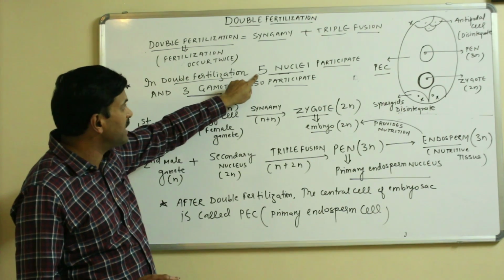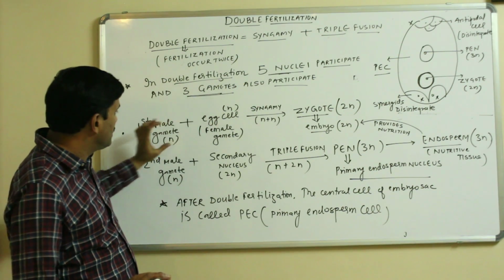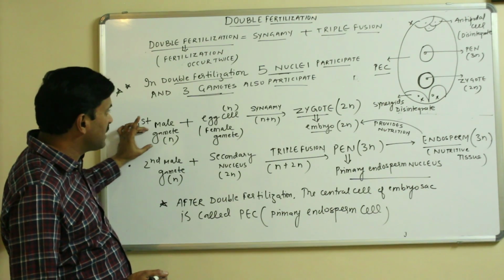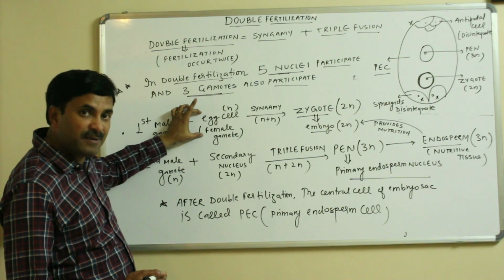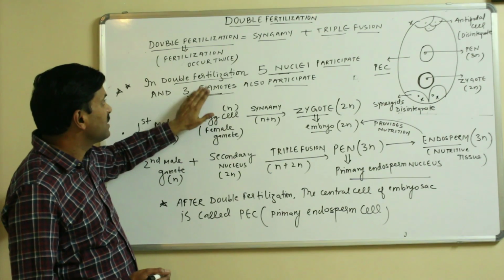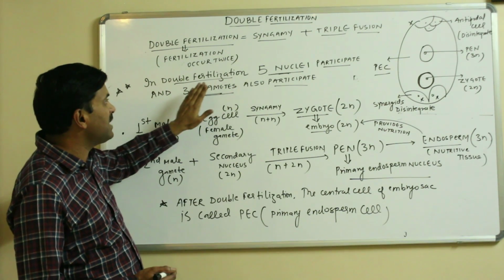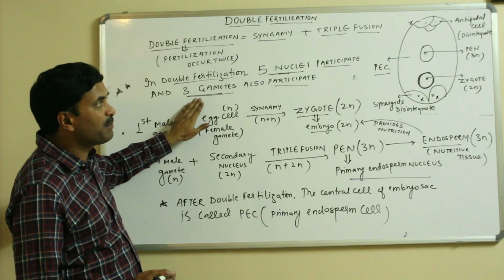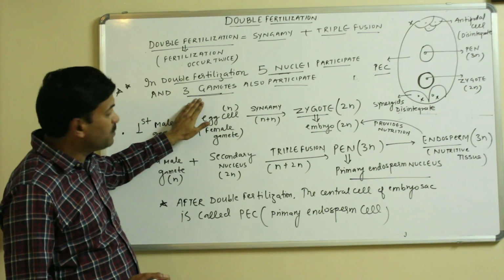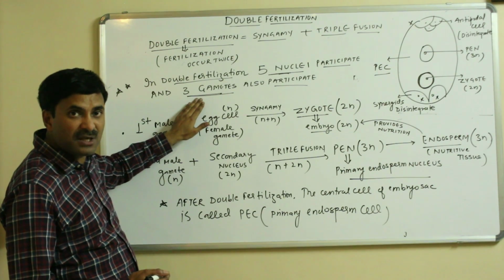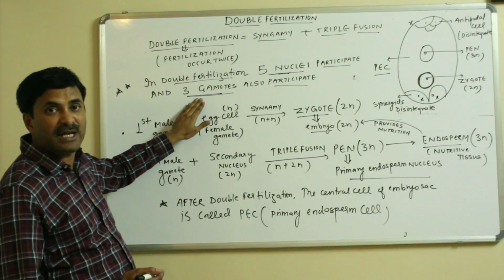So altogether 5 nuclei and 3 gametes. 3 gametes how? 2 male gametes and 1 female gamete. So in double fertilization 5 nuclei and 3 gametes participate. Okay, so this was all about double fertilization, which is the unique feature found in angiosperms.